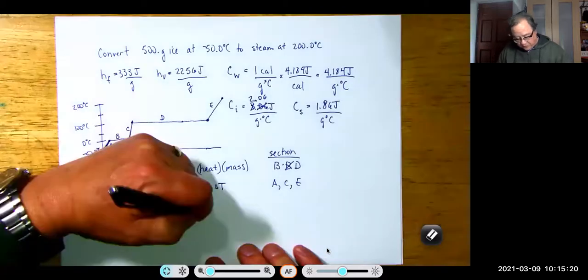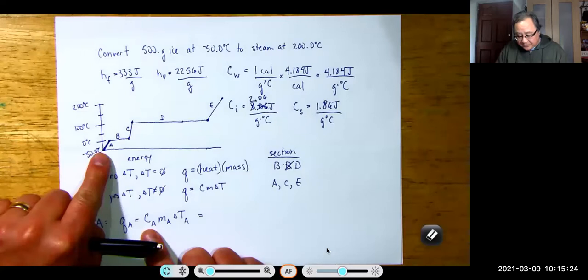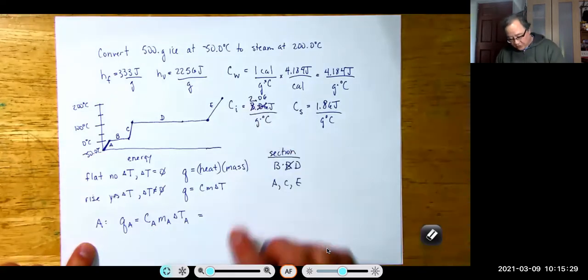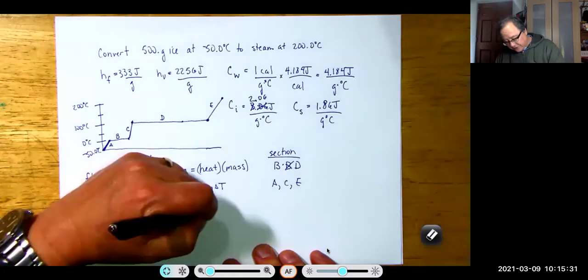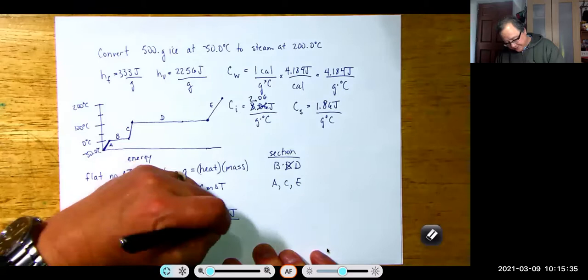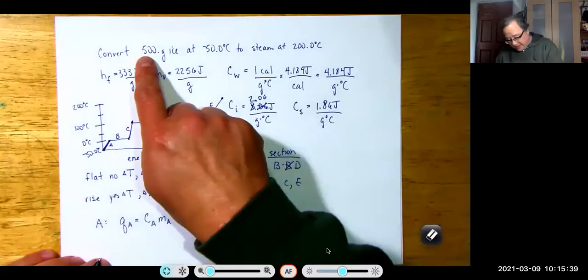So what is C for section A? Well, C for section A is the specific heat capacity for ice. So I have 2.06 joules per gram per degree Celsius. The mass is 500. grams.